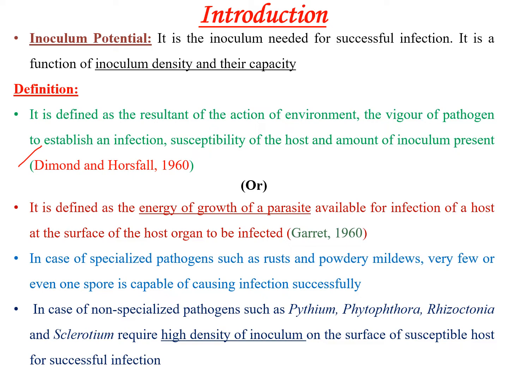If you take specialized pathogens like rust and powdery mildews, in such cases very few or even one spore can be capable of causing infection successfully.